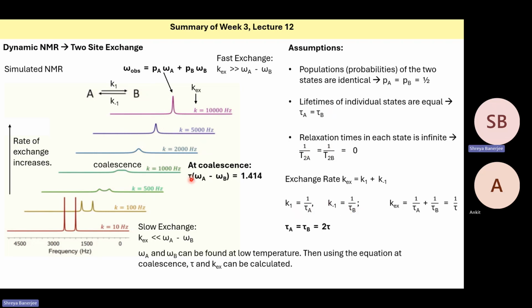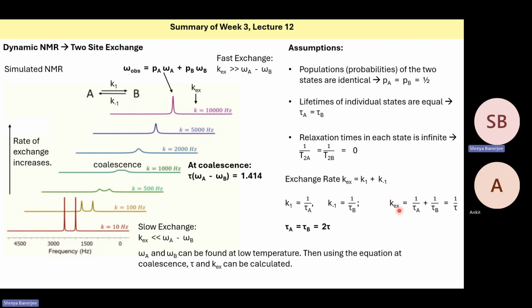So this is a condition. We don't need to know the derivation of this formula, but it exists: at coalescence, when the two signals have merged, tau times (omega A minus omega B) is 1.414. This tau is basically the net tau. Tau A is related to the rate of the forward reaction, tau B is related to the rate of the reverse reaction.